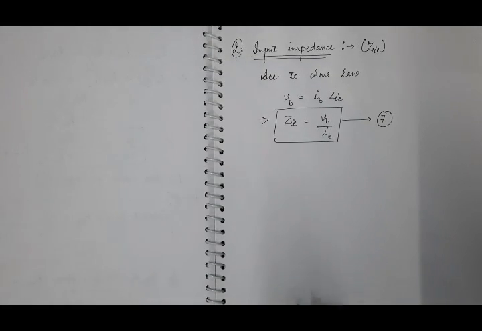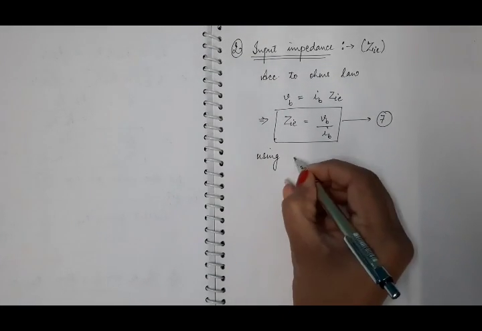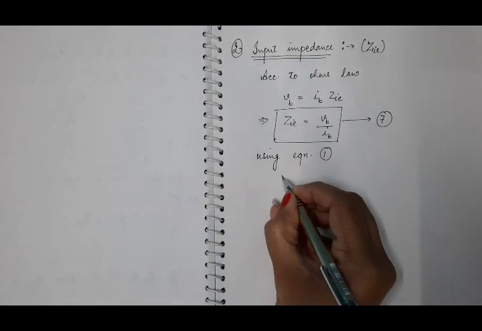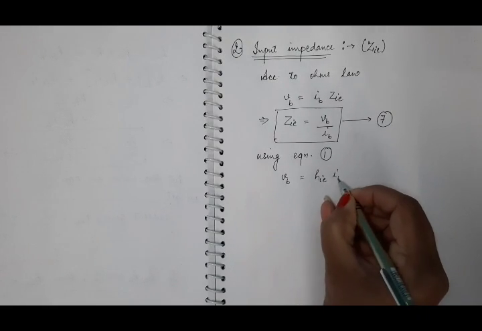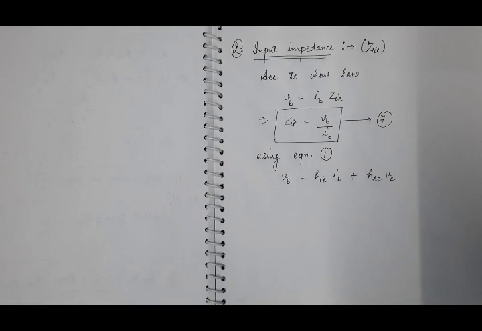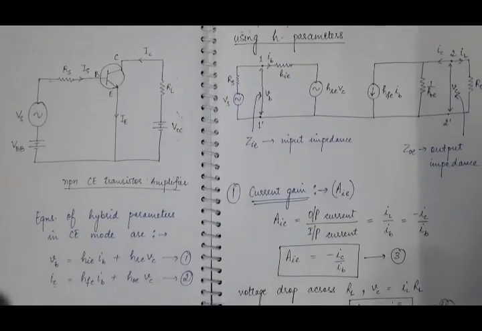So now use the first hybrid equation, equation 1, which is VB equal to HIE IB plus HRE VC. We have already calculated the value for VC.